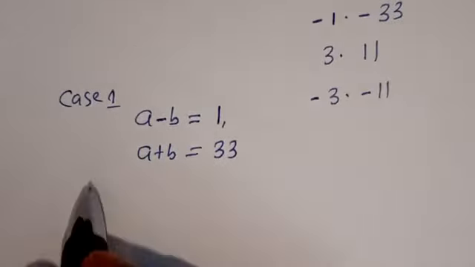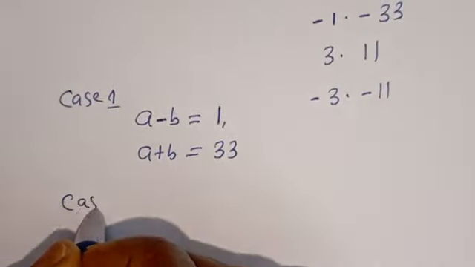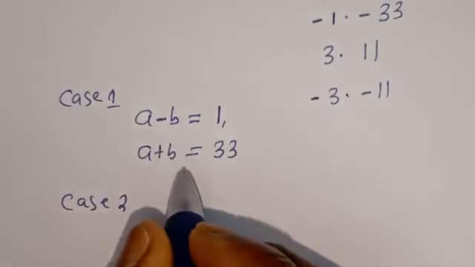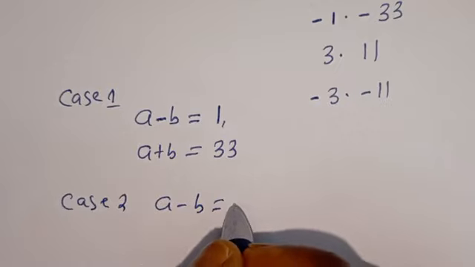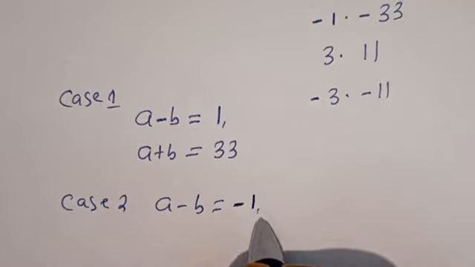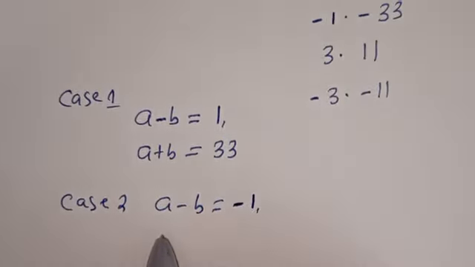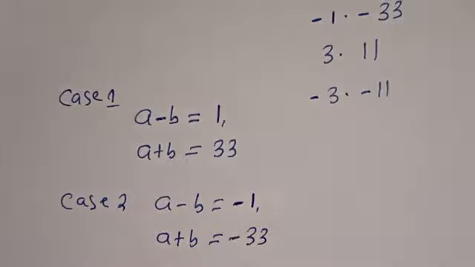Now the second case, case 2: a minus b is equal to minus 1, then a plus b is equal to minus 33.